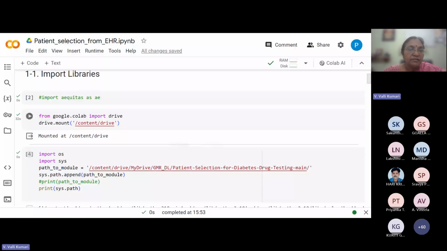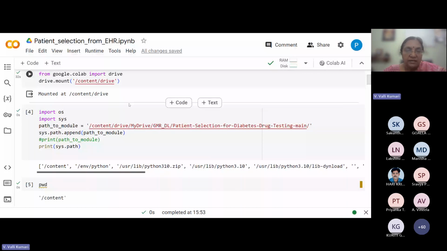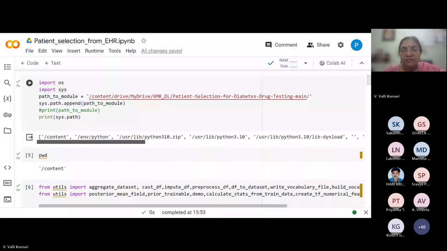You can see here, I've just mounted my drive onto this Colab sheet, and most of you are aware of it, right? And then I gave the path.